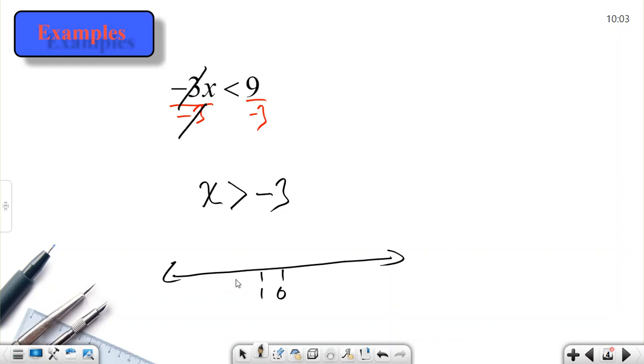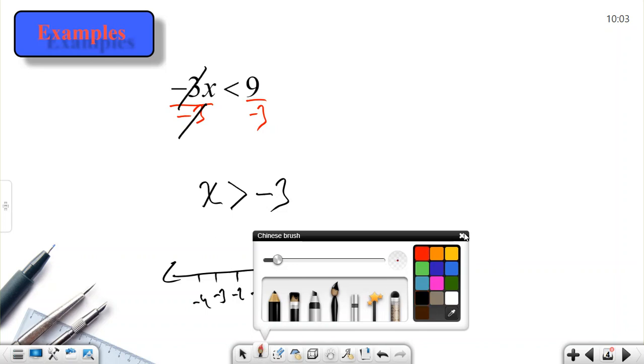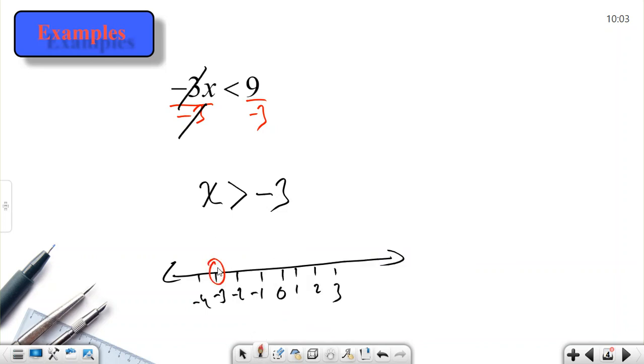So 0, 1, minus 1, minus 2, minus 3, minus 4, 1, 2, 3. Where is negative 3 here? That one is my checkpoint. As you see, negative 3 is not included. There is no equal sign. So negative 3 is my checkpoint. x is greater than negative 3.